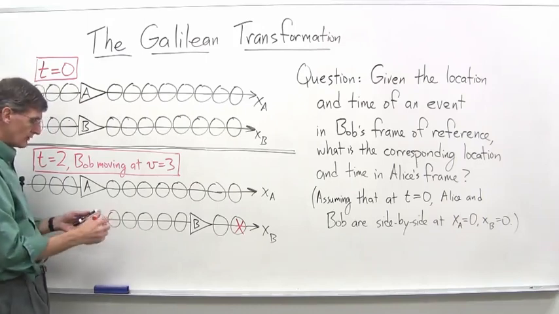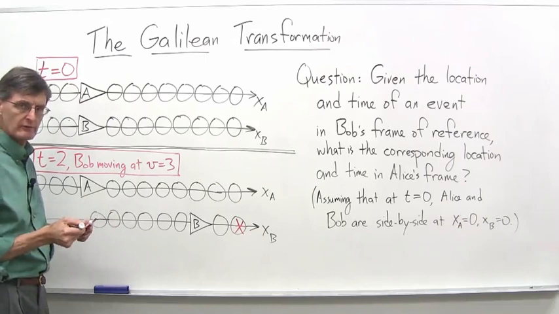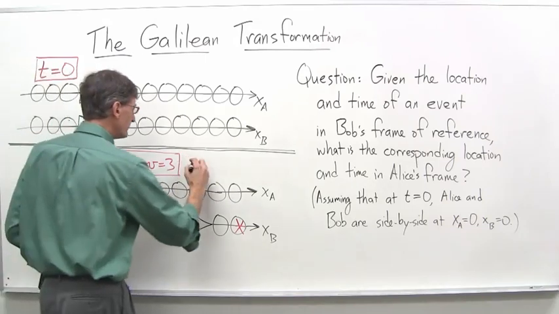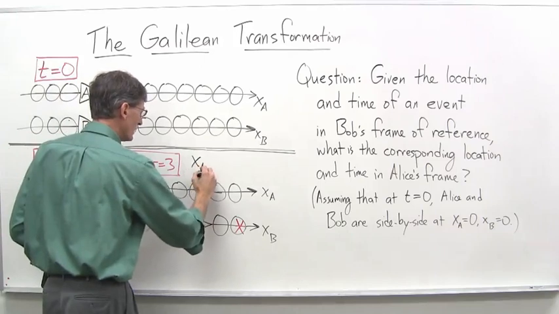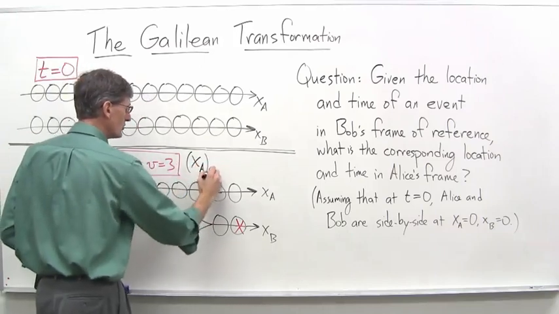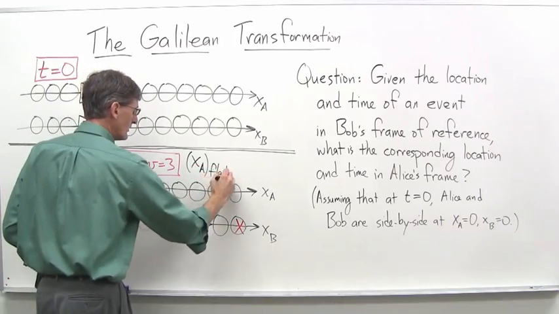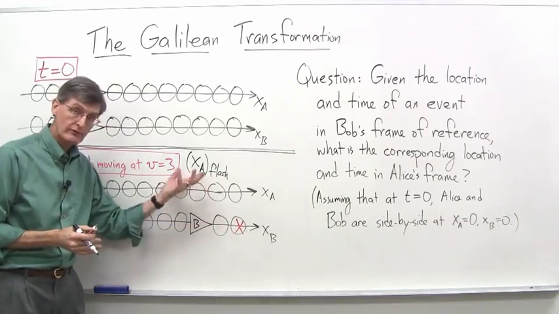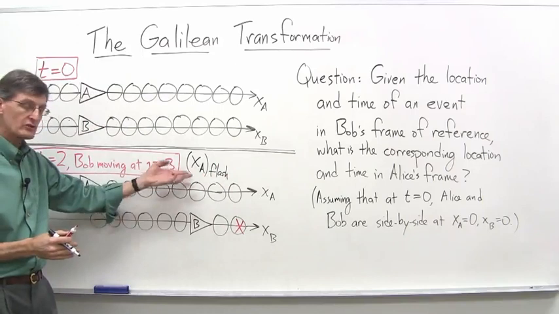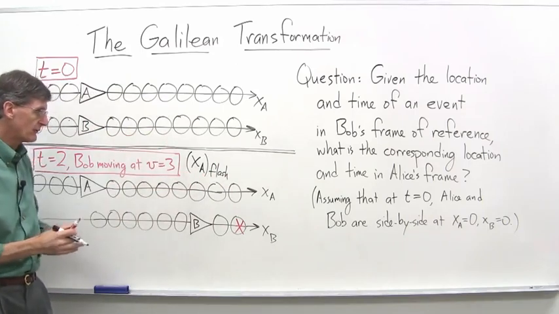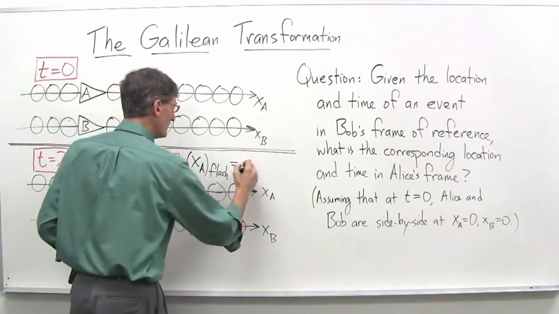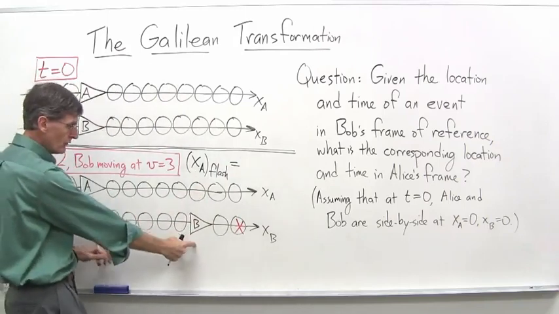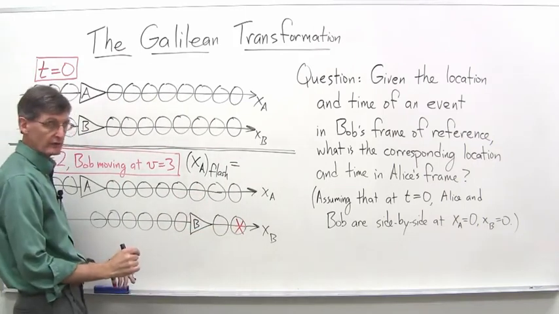And so we can actually say there's a little equation here. We can say that xa of the flash. In other words, we know the position of the flash in Bob's frame of reference is at position 2. What's the position of the flash in Alice's frame of reference? Well, it's simply going to be the distance Bob has moved plus where he sees the flash occurring.